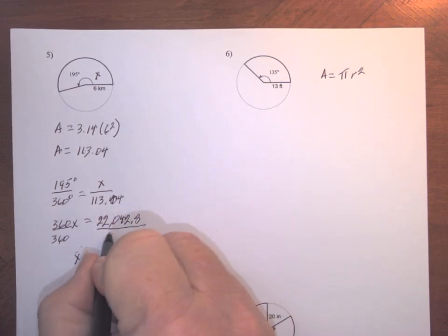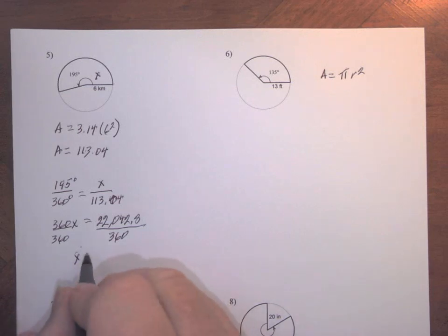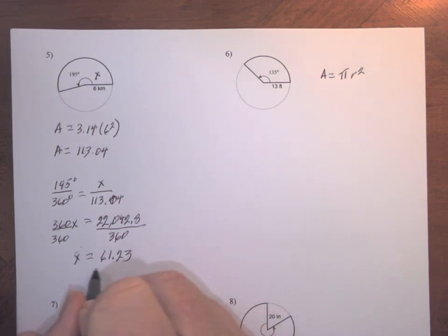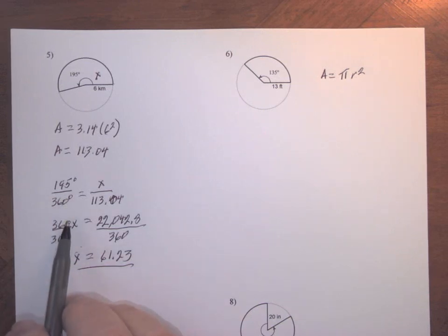So if we divide that by 360, we end up with 61.23. X is equal to 61.23. Guys, it's the same thing we did before. We get the total, and then we get the portion of the total by using the central angle.